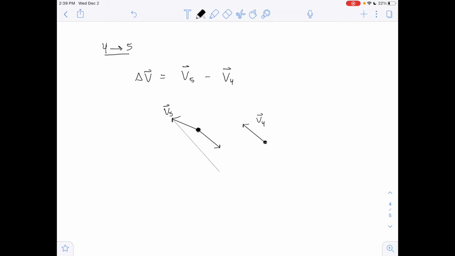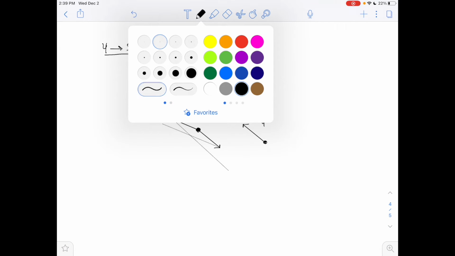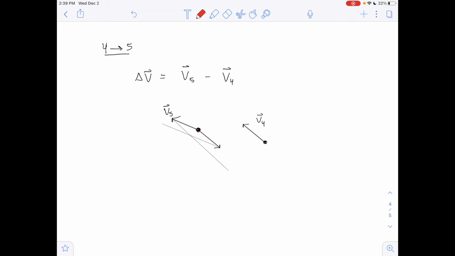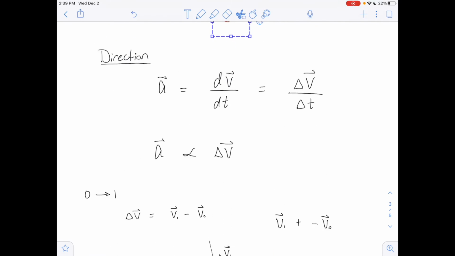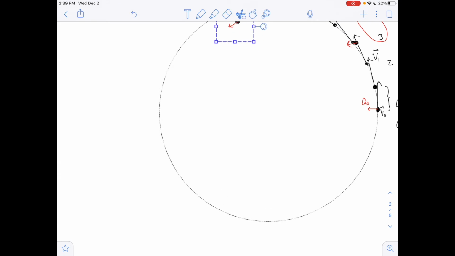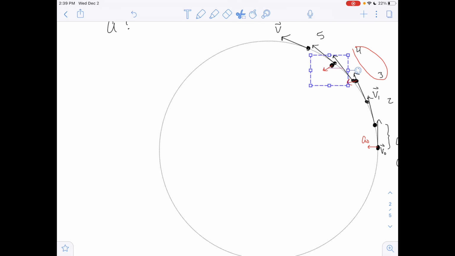So here's our parallel line for velocity 4, and then here's our parallel line for velocity 5. And then we'll use a red arrow to represent the direction for acceleration, which looks like that. And then we'll just copy that over to our circle. So this one goes on the 4th velocity, v4. So our arrow looks like that.